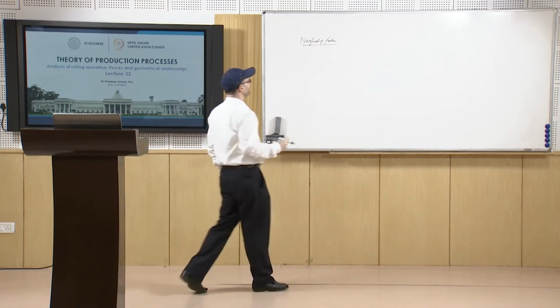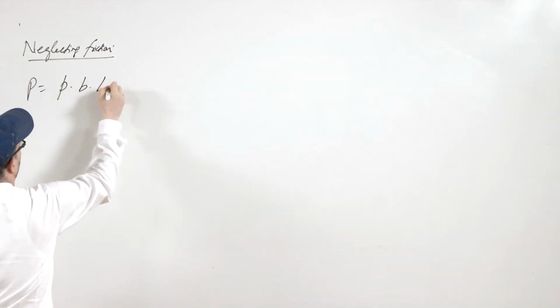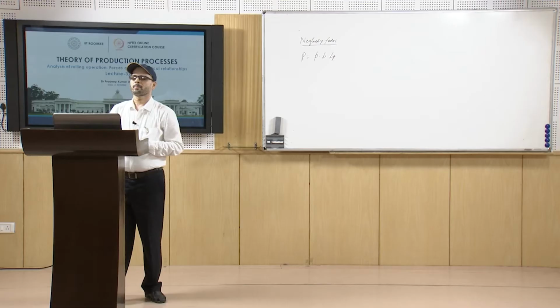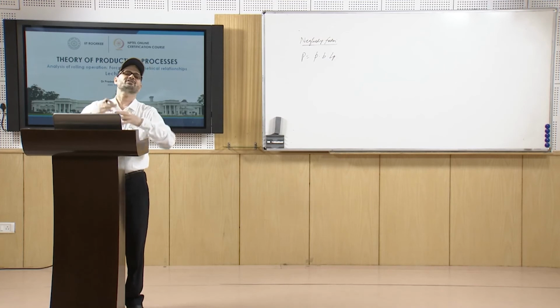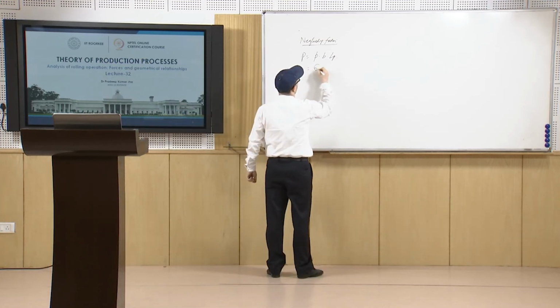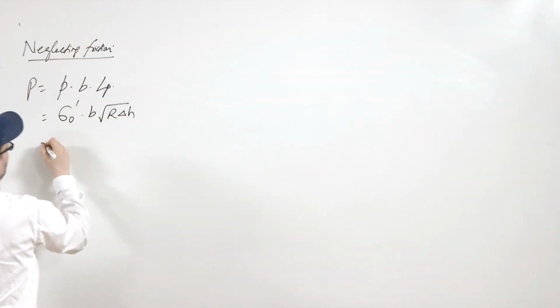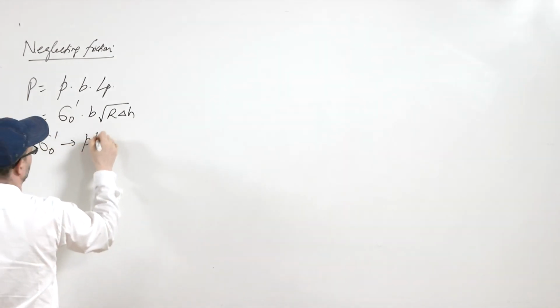As you know, LP is under root R delta H, and P in that case is the plane strain yield stress value, which you can take as sigma naught prime. So, this is the plane strain yield stress value.